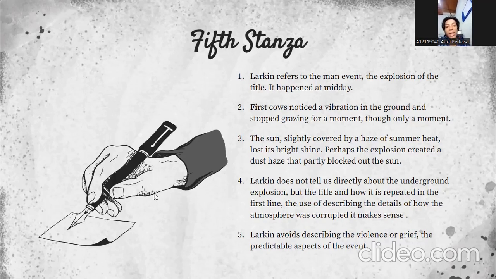Larkin does not tell us directly about the underground explosion, but the title and how it is repeated in the first line, and the details of how the atmosphere was corrupted, make it make sense. Larkin avoids describing the violence of grief, the predictable aspect of the event. Next slide, please.